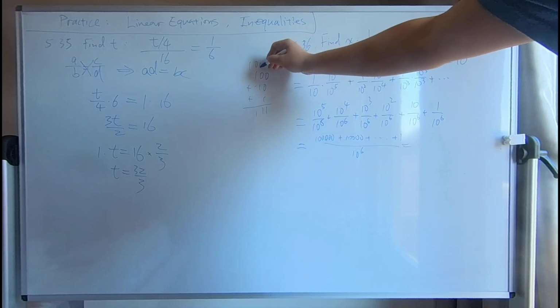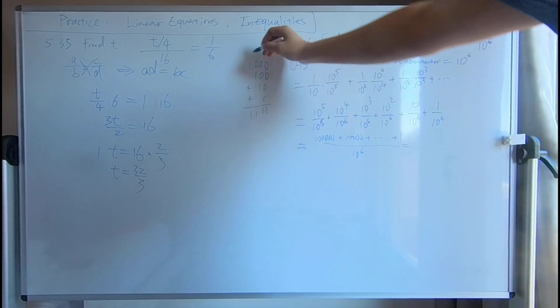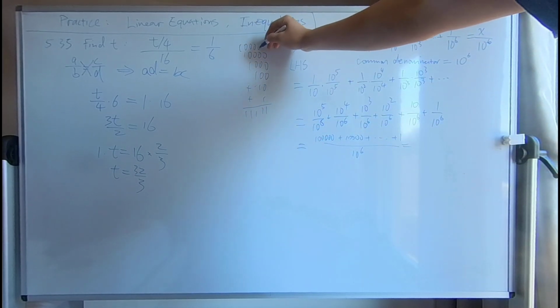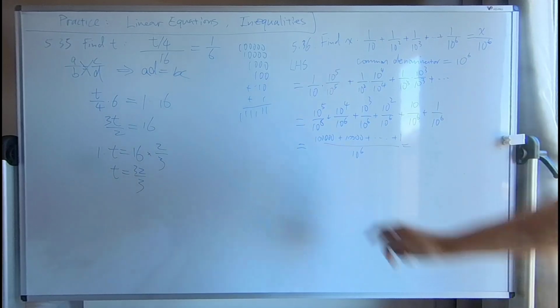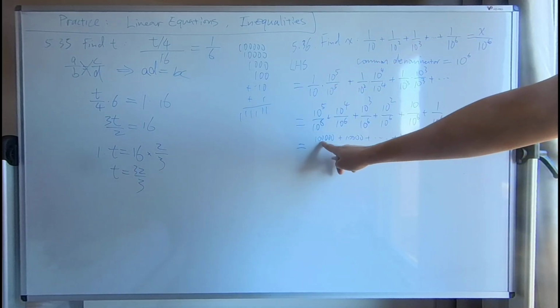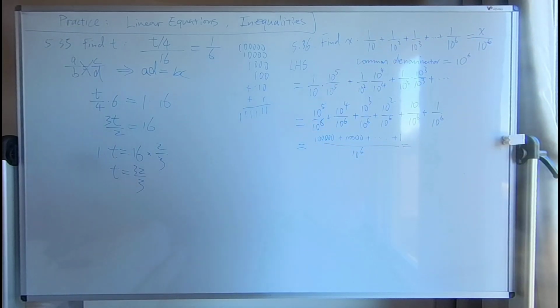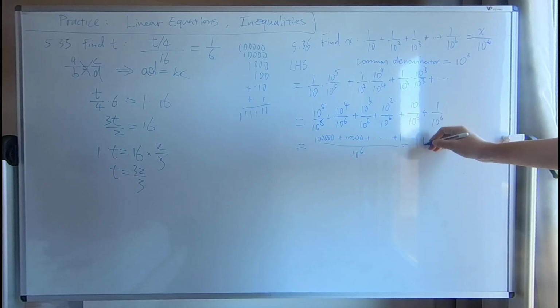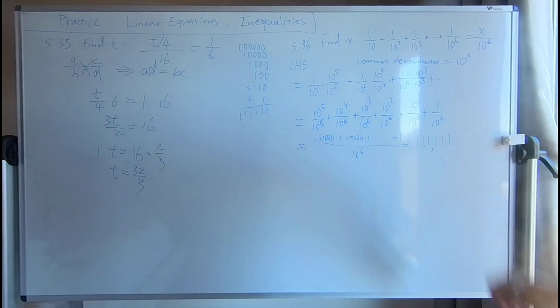If I add one more term, it's one more 1. So if there are 5 zeros, I have 5 ones plus the first one, so I have 6 ones: 1, 2, 3, 4, 5, 6.